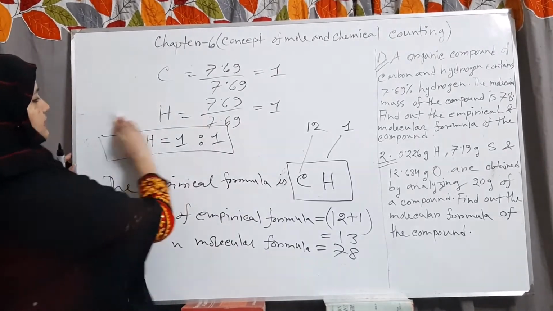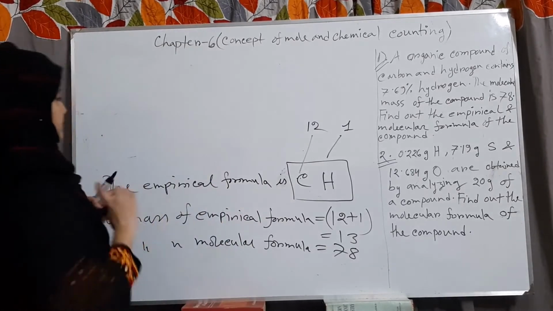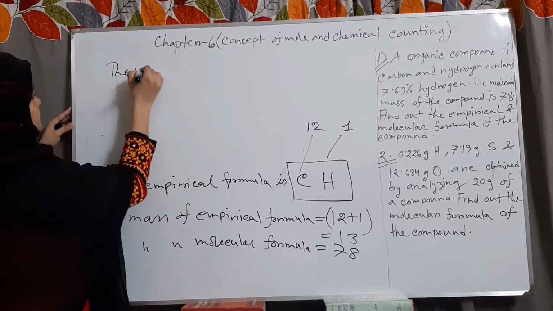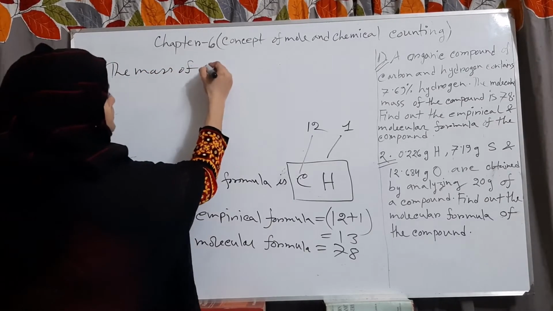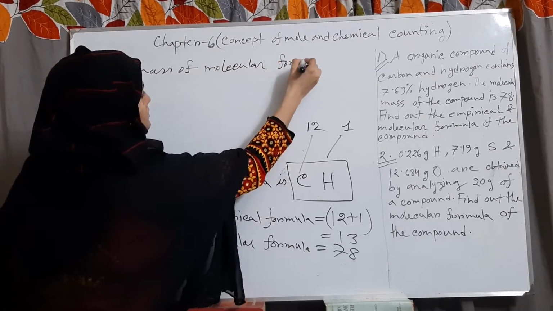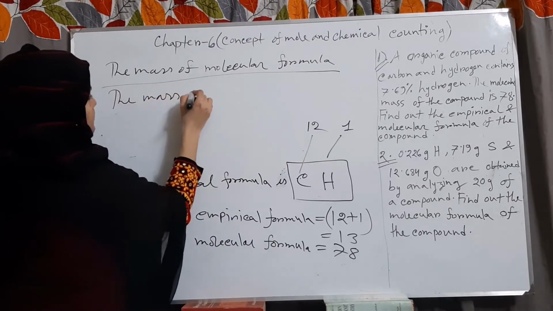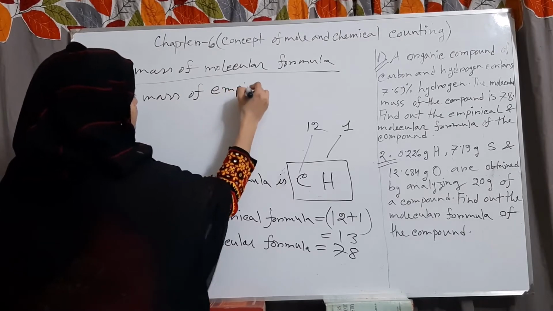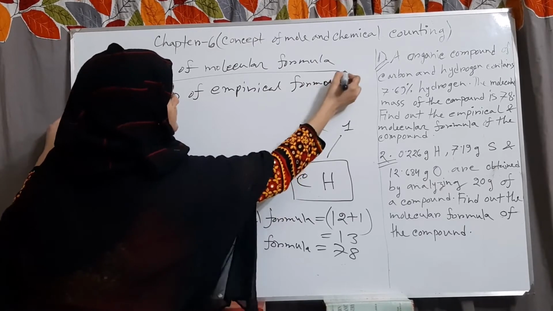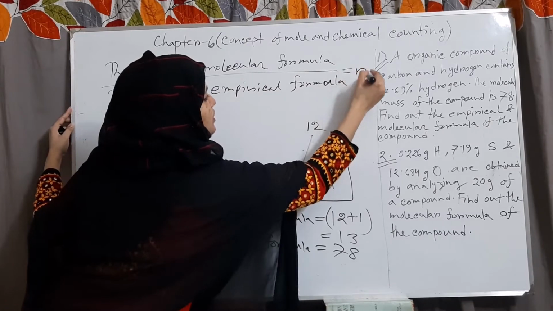So our step is to divide the mass of the molecular formula by the mass of the empirical formula, which is equal to small n.